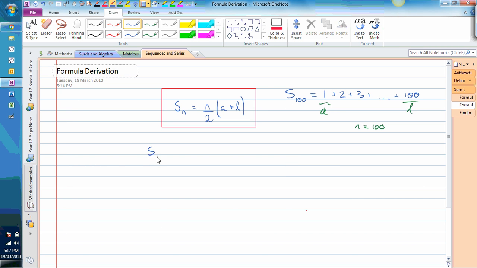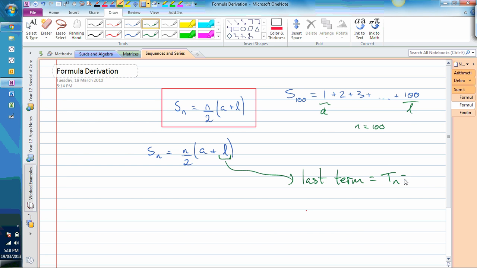We're going to start off with this formula, and we're going to think about how we might be able to replace this L. Now remember that L stood for the last term in the series, and if we're doing the sum to n terms, well, that's the same as Tn. And we actually already have a formula for Tn.